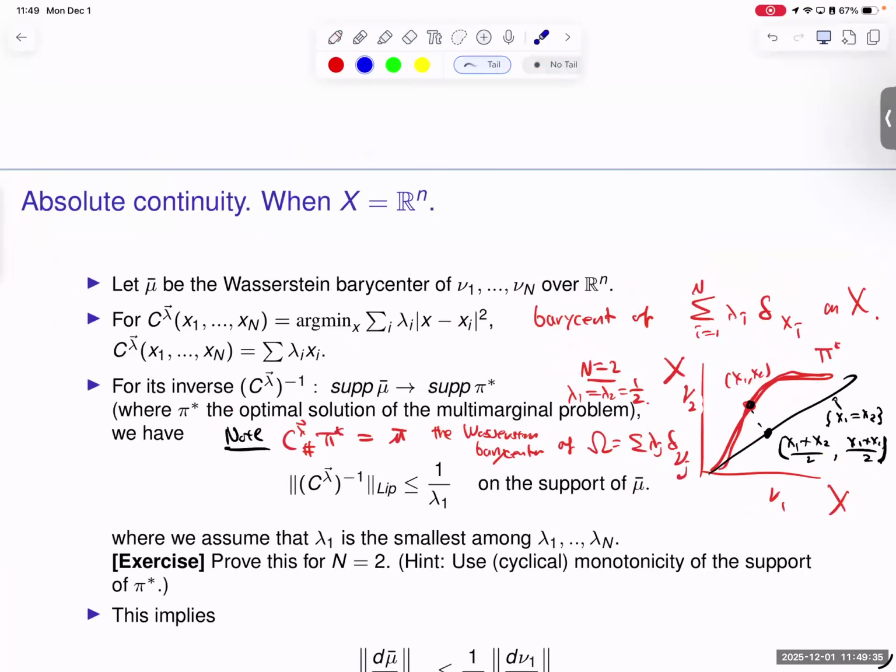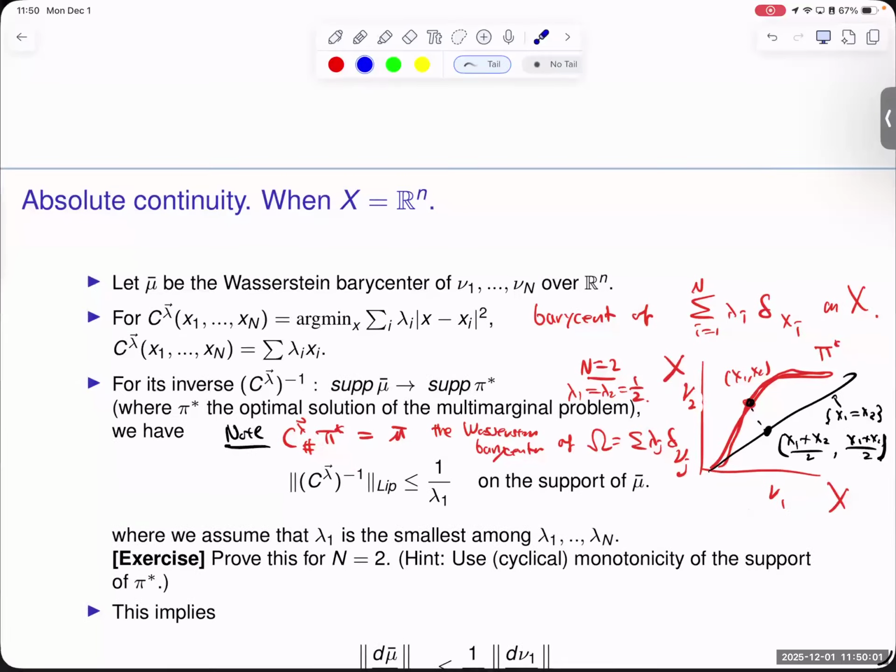Maybe I don't want to confuse. So just ask me any question up to here. Let me try to rephrase it. Last time we briefly saw the connection between the Wasserstein barycenter and the multi-marginal optimal transport problem.